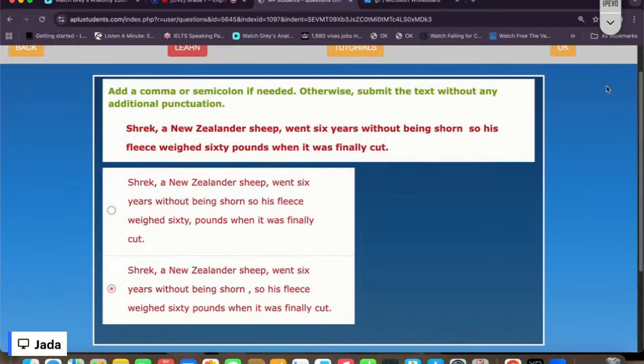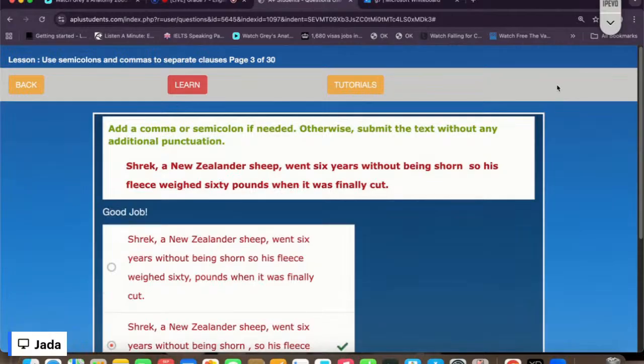So we have the second one. We put a comma because we have a coordinating conjunction, which is so.